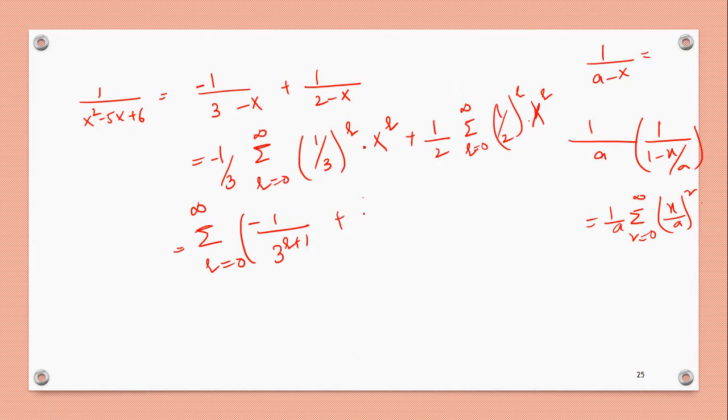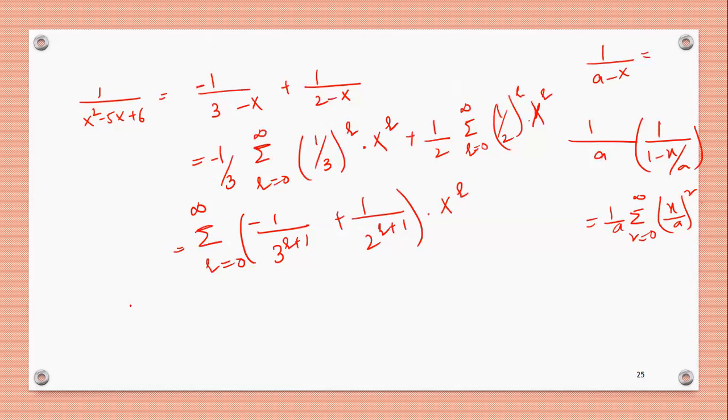Similarly, this can be written as 1 by 2 power r plus 1 into x power r. That is, I am taking x power r common, since the sigma notation is the same, from r is equal to 0 to infinity. So we can write this as common, and then I am writing the entire term in a form which is easy to read.